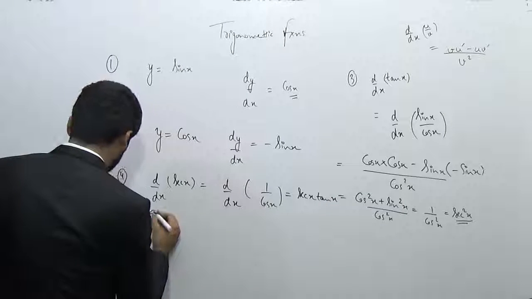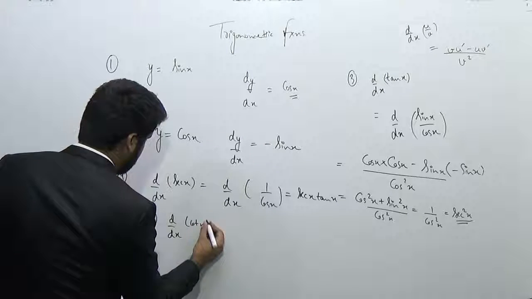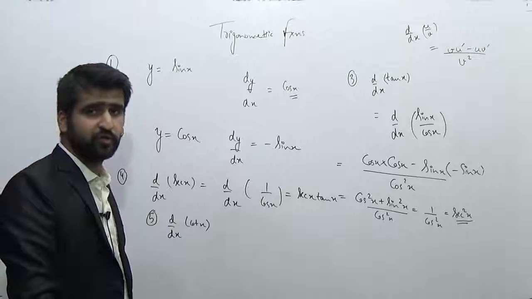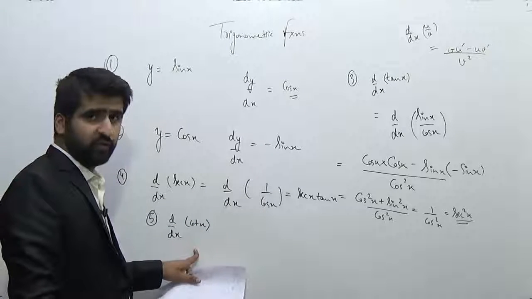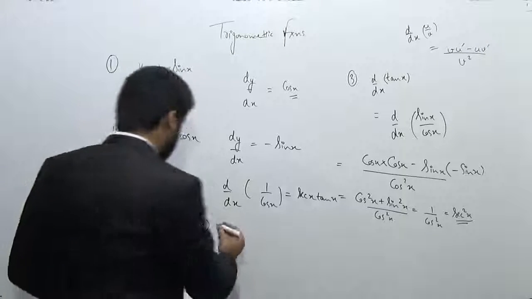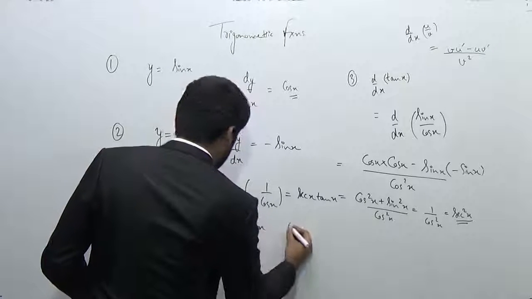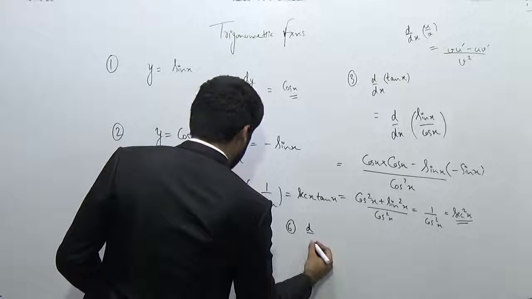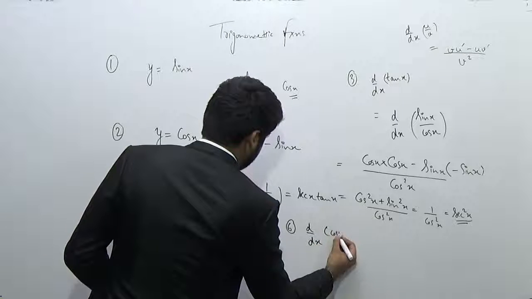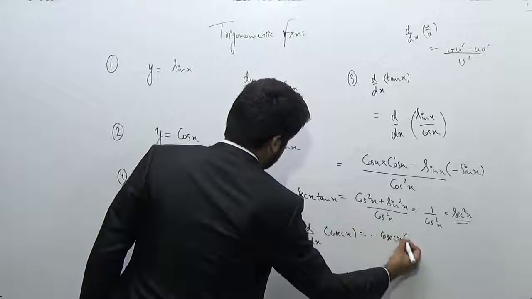Similarly, d upon dx of cot x. Now cot x can be written as the quotient of the ratio of cos x and sin x. So we will apply the quotient rule to get this result, and this comes out to be minus cosec square x. And last one is d upon dx of cosec x. This is equal to minus cosec x cot x.